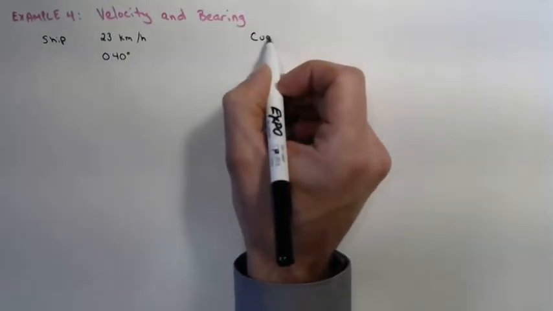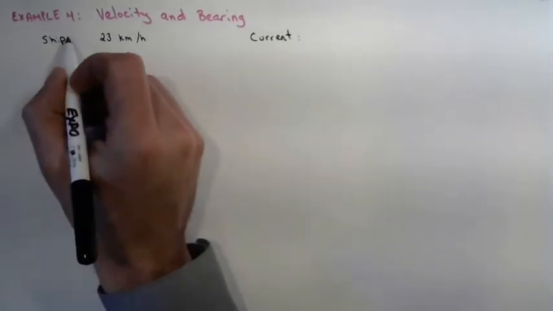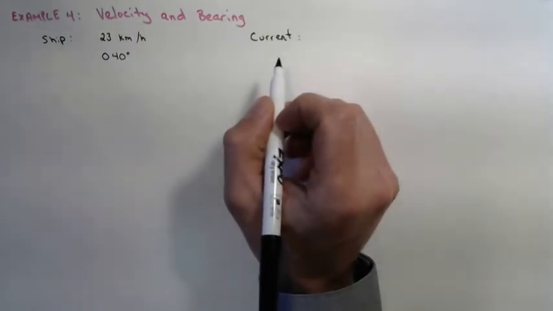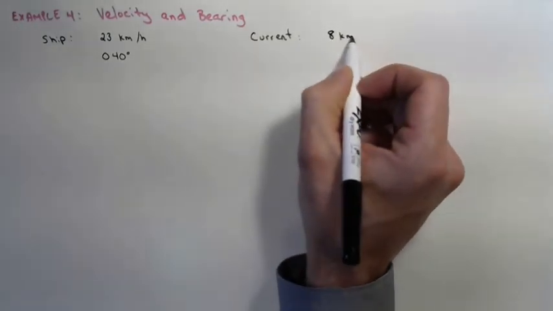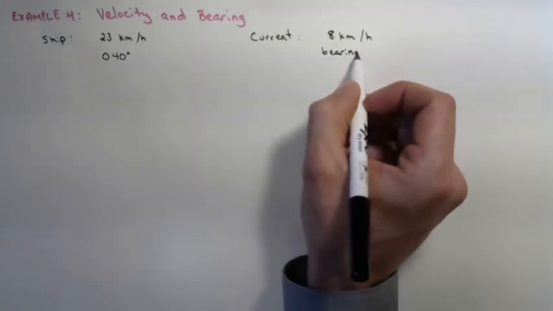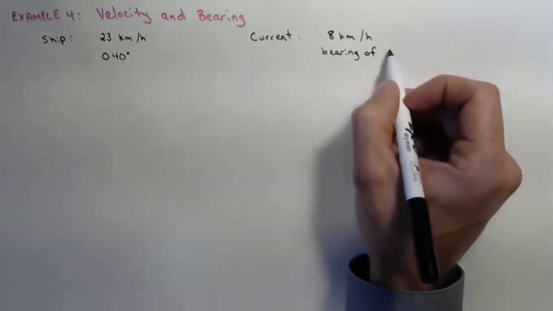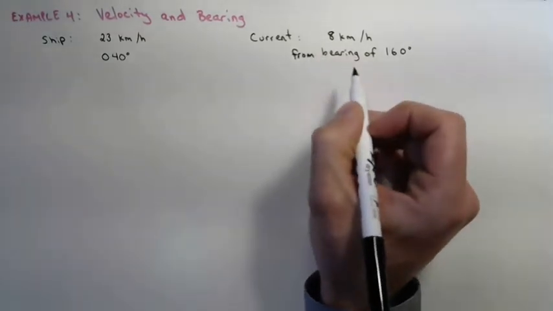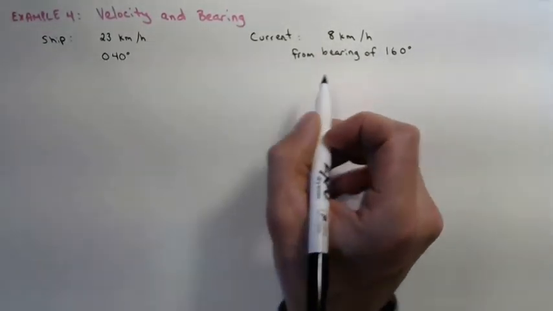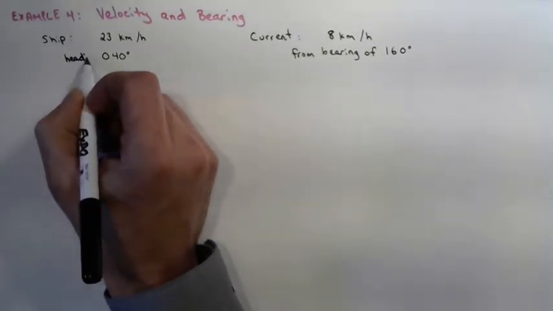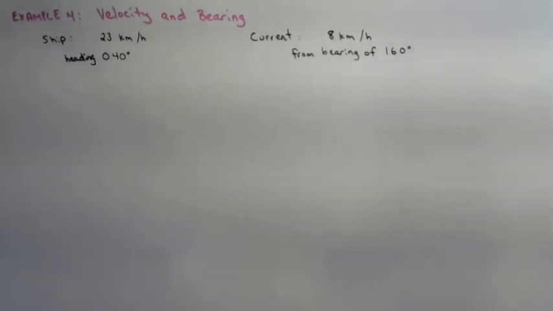The current that the ship is working with or against is 8 kilometers per hour, on a bearing of 160 degrees. And the ship has a heading of 40 degrees. Okay, what are we going to do first?